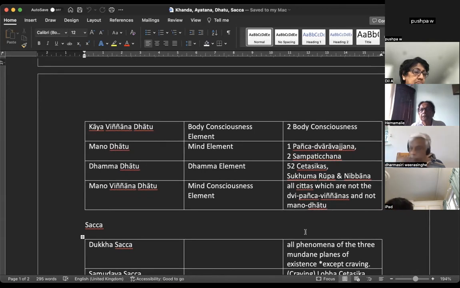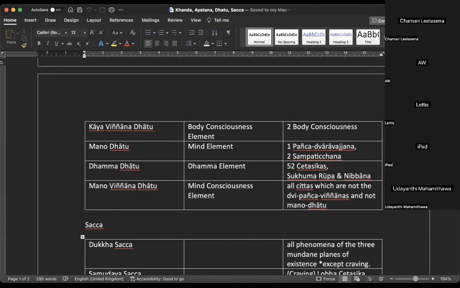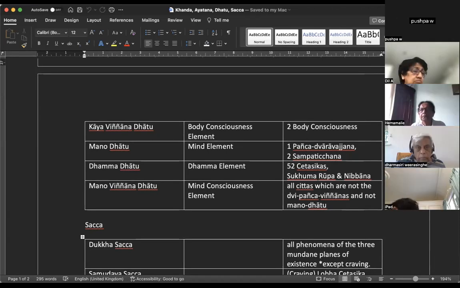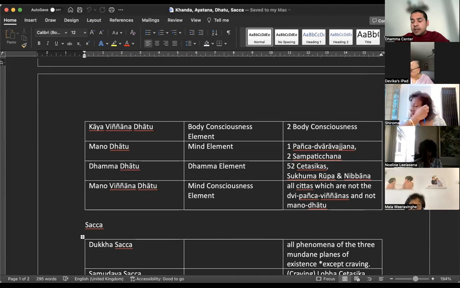Is that clear to everyone else as well? When we say Sukhuma Rupa, it's a Prajnapti, right? So in Dhamma Dhatu, the 52 Chetasikas arise in support of the Chitta that arises.